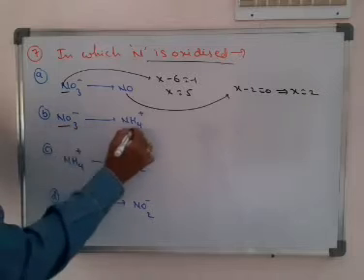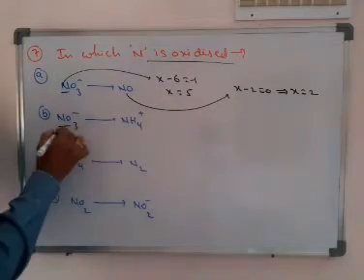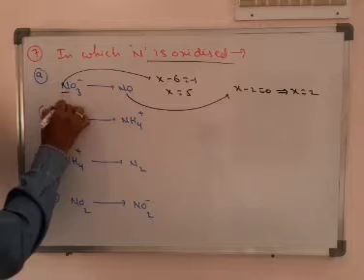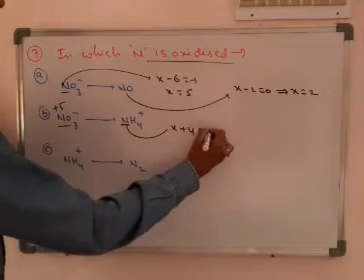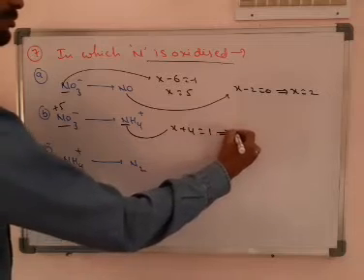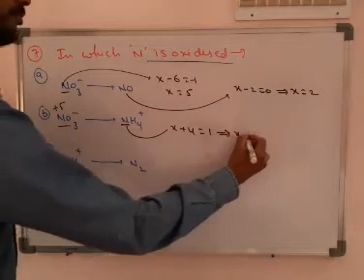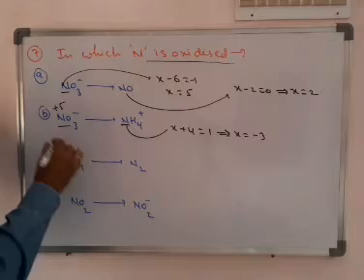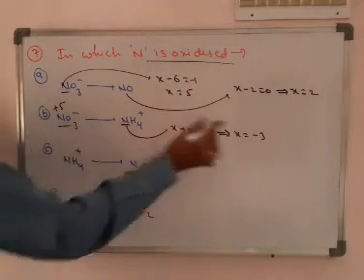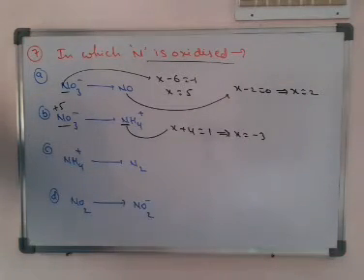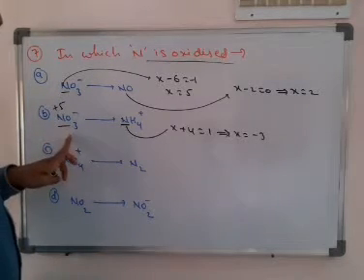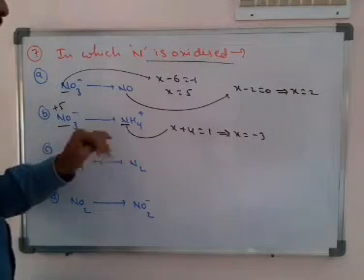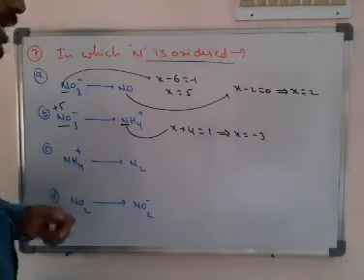Here the nitrogen oxidation number we already calculated as plus 5. In the ammonium ion, what is the nitrogen oxidation number? x plus 4 equals plus 1, so x equals minus 3. Here also the oxidation number of nitrogen decreased from plus 5 to minus 3, so it is also reduction. Here also we can say it loses oxygen and gains hydrogen, a perfect sign of reduction.